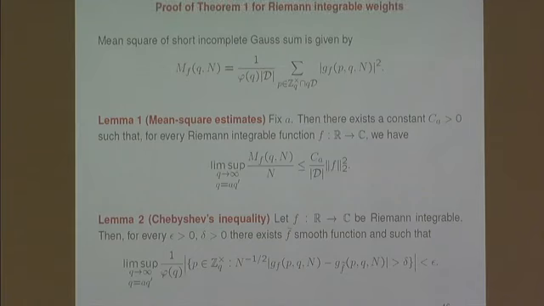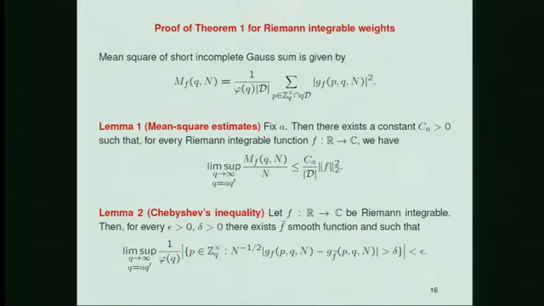For Riemann integrable weights, we will use mean square estimates. This is the mean square we defined for the short incomplete Gauss sum. This is the formula. Lemma 1 and Lemma 2 say the first one is the mean square estimate for this short incomplete Gauss sum, this is the estimate we get, and then we have Chebyshev's inequality here.